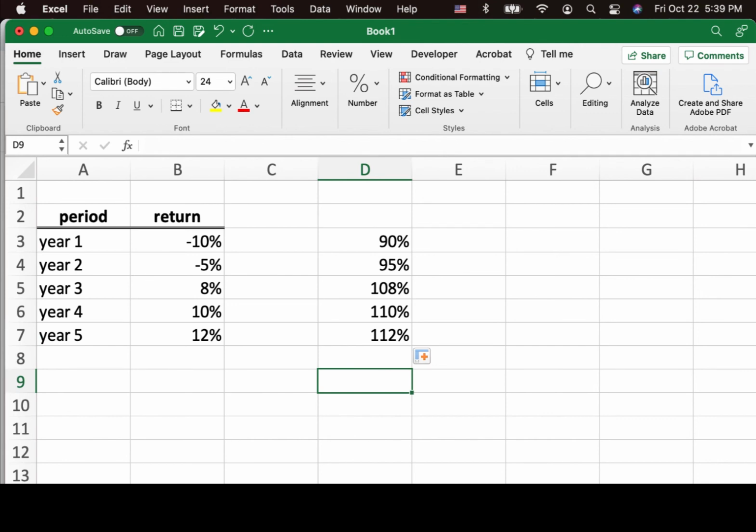That's a 0.9, 0.95, 1.08, 1.1, and 1.12 return year after year. Those would be the equivalent case. So to tell where I get at the end, I would take 0.9 times 0.95 times 1.08 times 1.1 times 1.12, and that would give me the total.